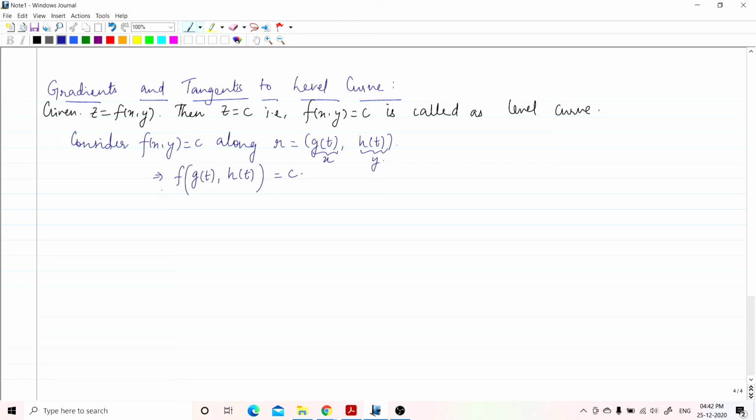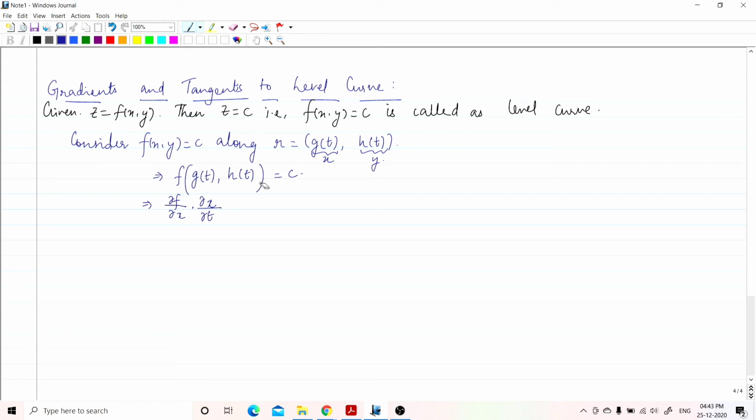Okay, and if you differentiate these quantities, you would get del f upon del x multiplied with, actually sorry, am I going right? Yeah. So your x is replaced by g here, so d g upon d t, this is what we would get.